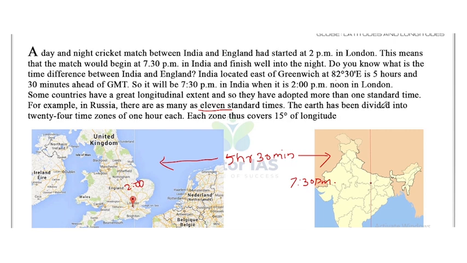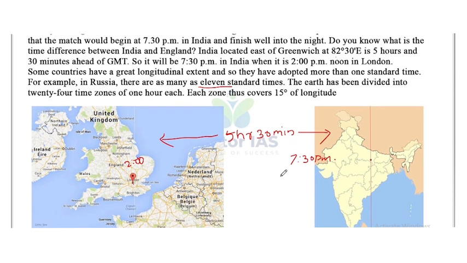The earth has been divided into 24 time zones of 1 hour each. Each zone thus covers 15 degree of longitude. Look, this is our earth and it's divided into 24 time zones.